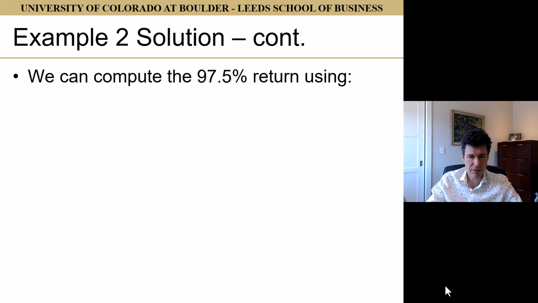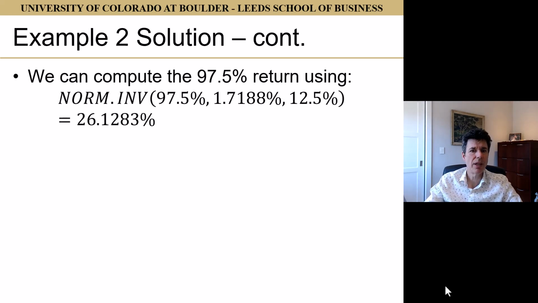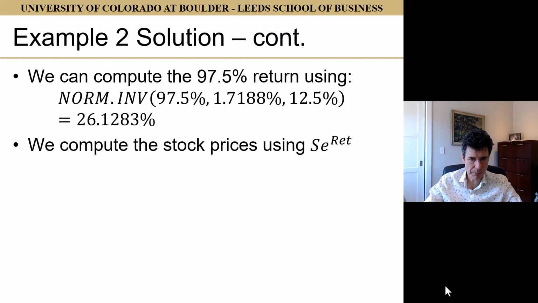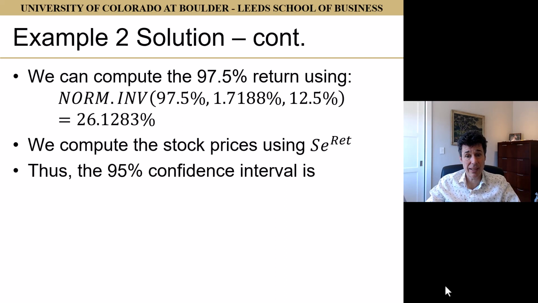And the 97.5% return, doing the same thing, norm.inv of 97.5%, mean, standard deviation, 26.1283. We can compute the stock prices using S times e to the return, and the 95% confidence interval is 59.72, 97.48.